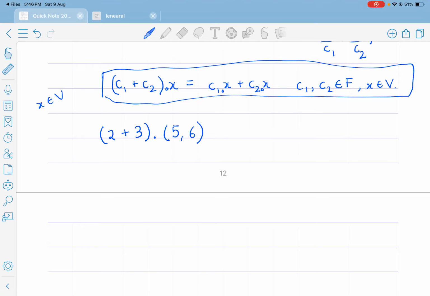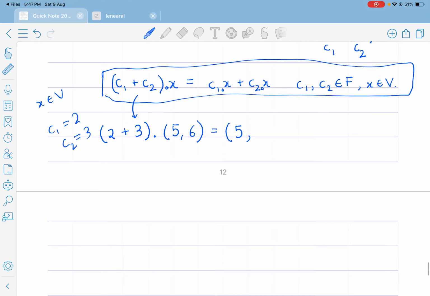Here I am calculating with C1 equal to 2 and C2 equal to 3, and x equal to (5, 6).